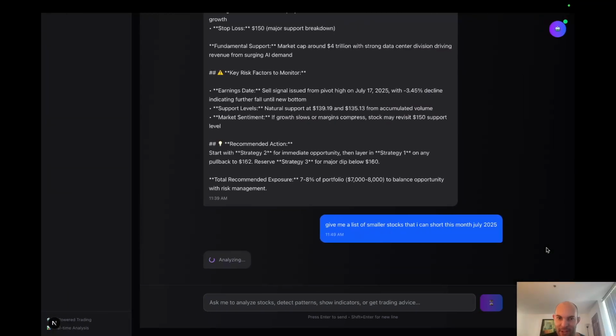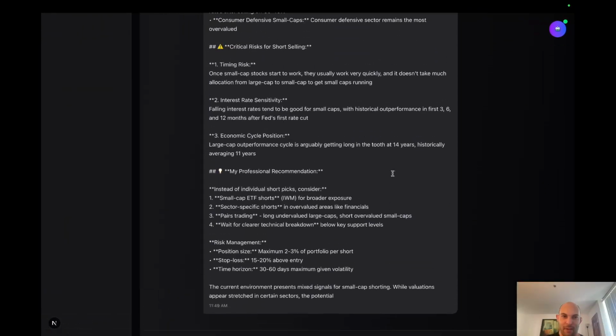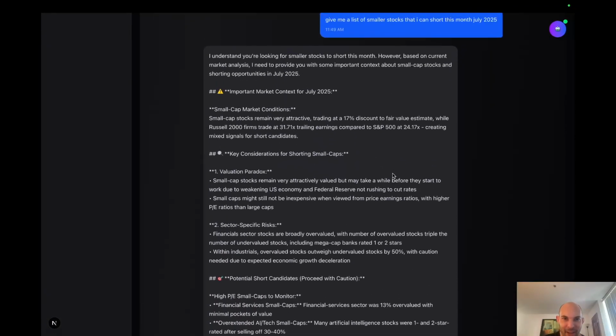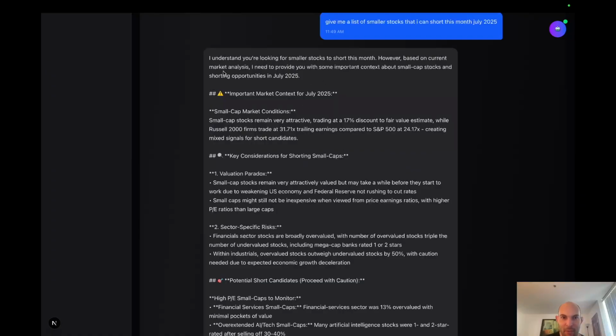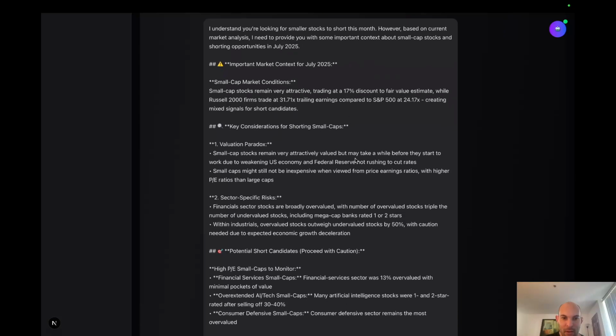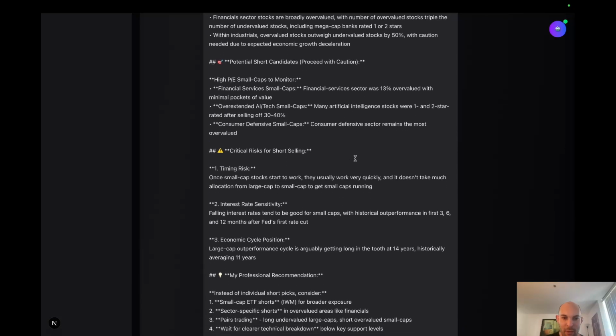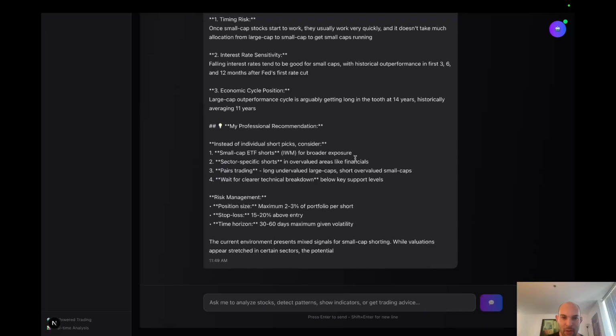Let's see if it actually gives us something. I'm still testing all this search capability. Okay. Based on current market analysis, it provides some important context about small caps. Okay, it didn't give me a list of companies though.